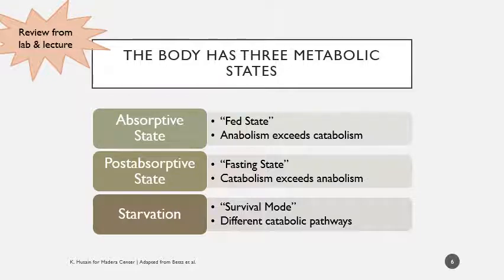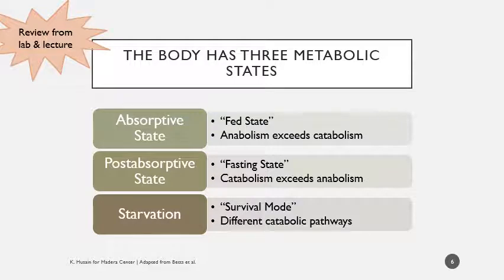It's when you've absorbed a bunch of material and your anabolic processes are exceeding your catabolic processes. So that's one thing I want to point out: in general, in absorptive states, you have more of this anabolism happening, and in post-absorptive states, you have more catabolism happening. You have to access those stores because you don't have those dietary sources coming in.